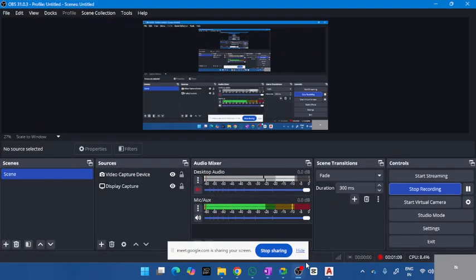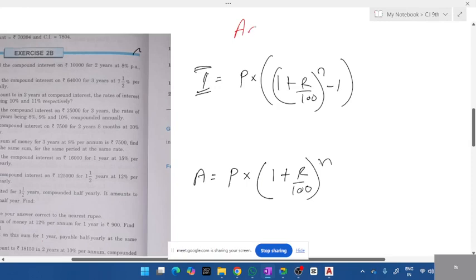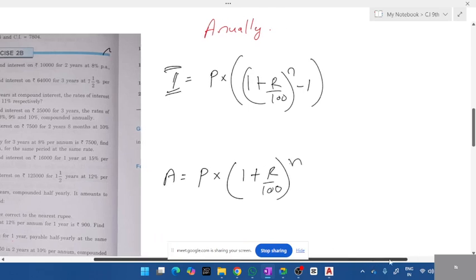Now what's the next one? This is for annual. For semi-annual ma'am gave a formula.